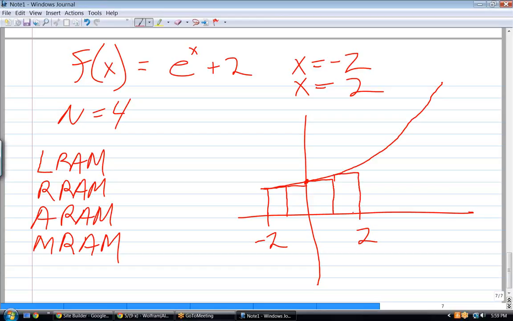Now this is something else that it's really important you understand the concept here. I think that's why they put so much effort into it. We have to add up these 4 rectangles. What's rectangle number 1? What's its base? What's its height?